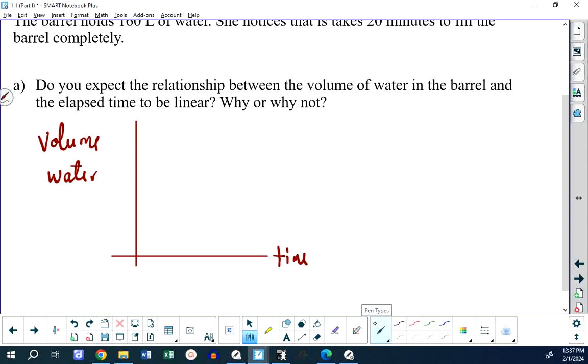If it's 3 seconds, it'll be a certain volume. If it's 10 seconds, it'll be a different volume. The volume depends on the time. What this question is asking us is this.